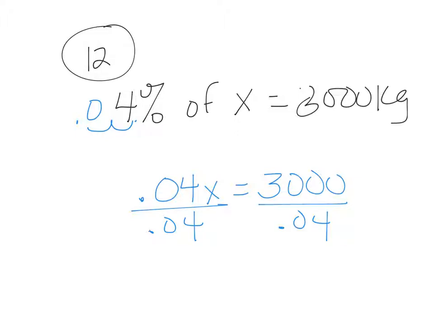Again, some kids just go, oh, 0.4, that's how you get rid of the percentage sign. But that's not correct. So let's go ahead and get rid of our percentage sign. We got to fill this in like that. So it's going to be 0.04 x is equal to 3,000.